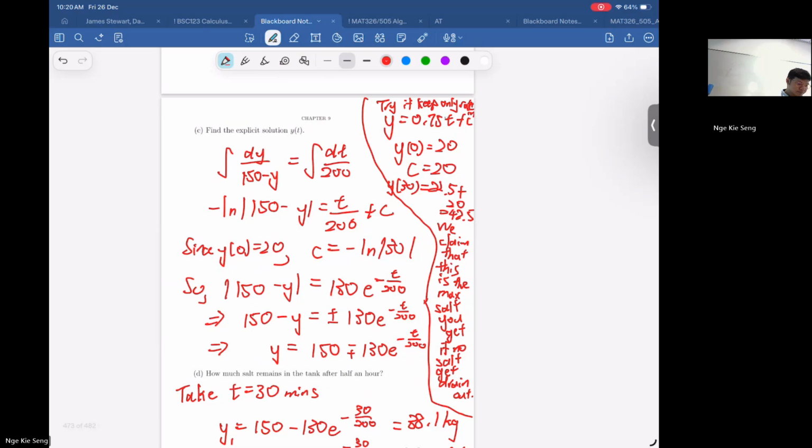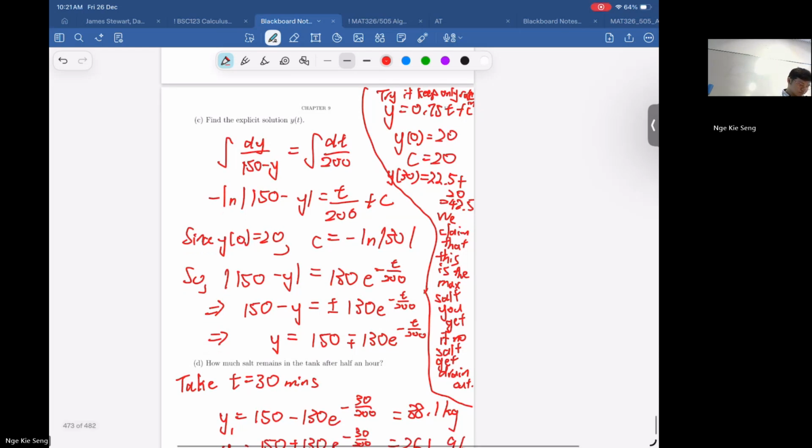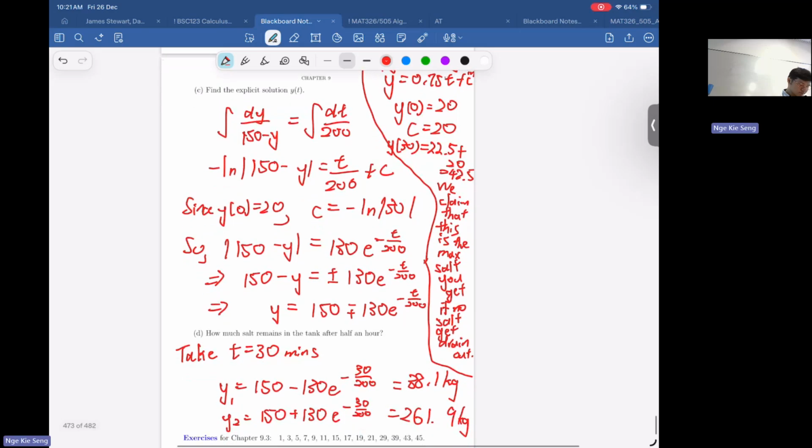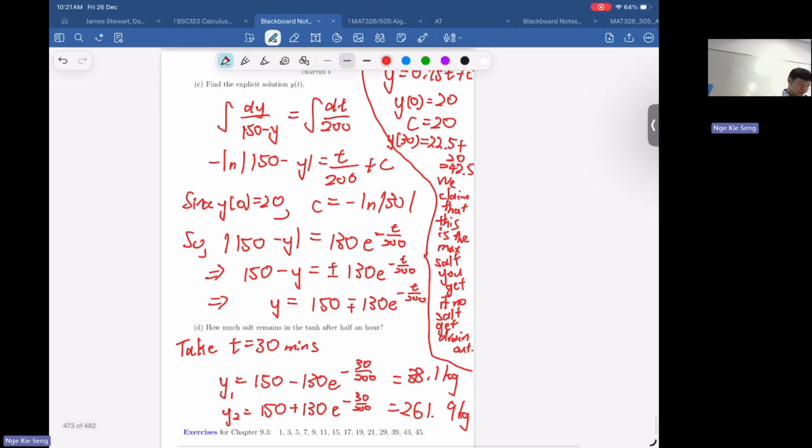What do you mean? 41 or 42? You multiply by 30, right? 0.75. So let's see. Not 22.5. 0.75 times 20 times 30. Mm, kind of makes sense.